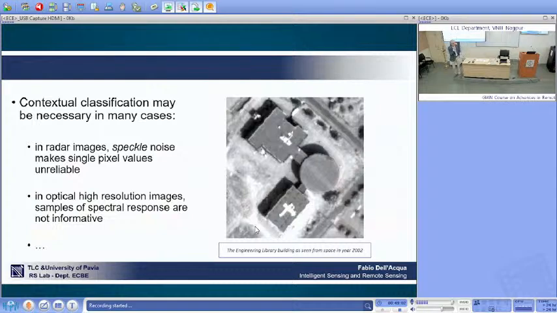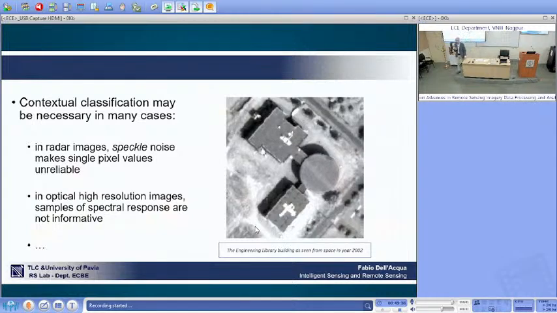There was no Google Earth at that time, but even if there was, Google Earth gives you low quality images, not spectral responses. I frequently cite this example to my students because this building is covered in asphalt, just like the roads which surround it.